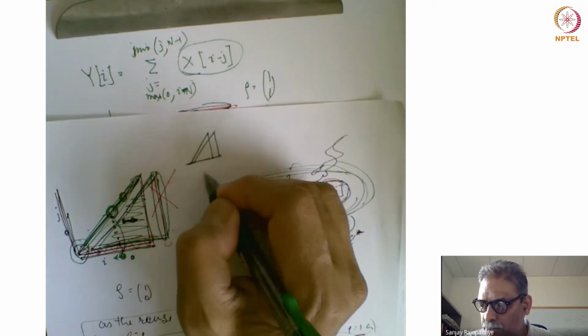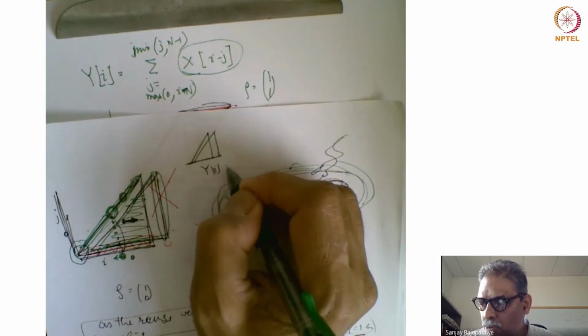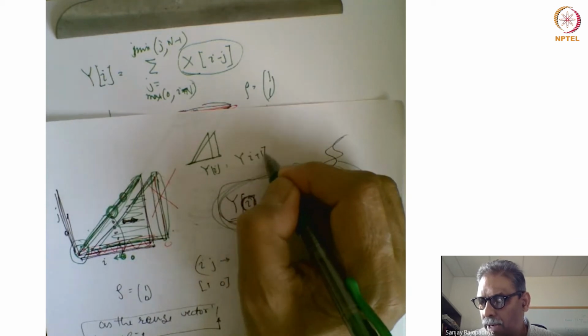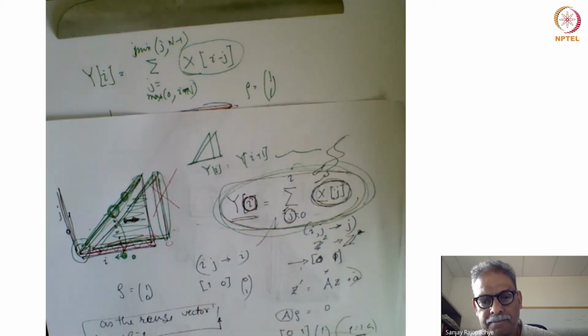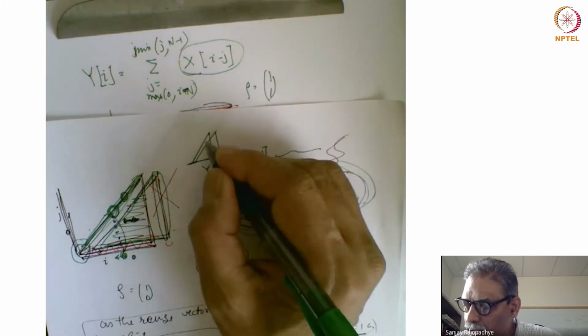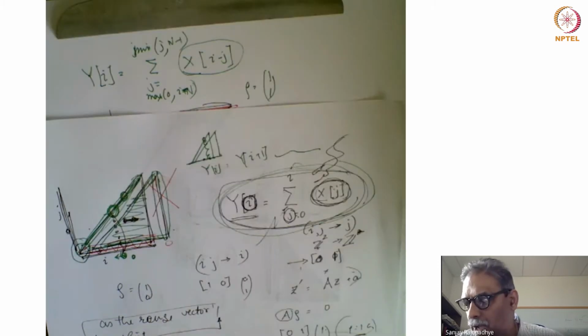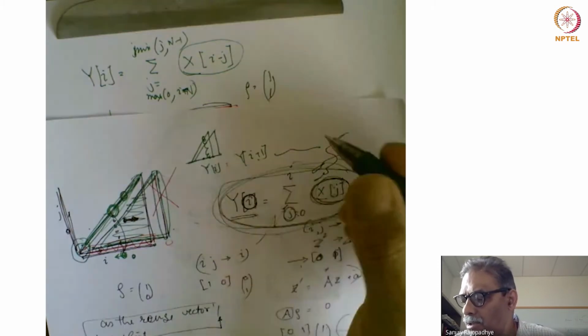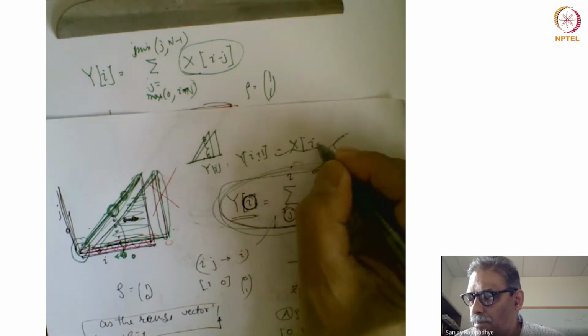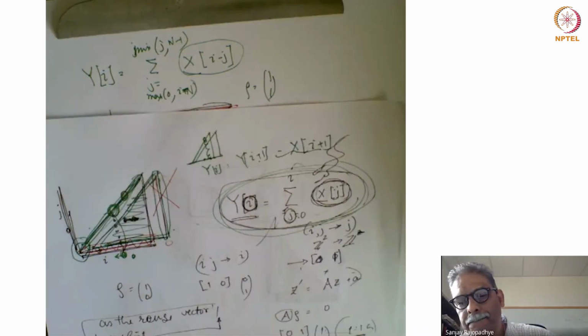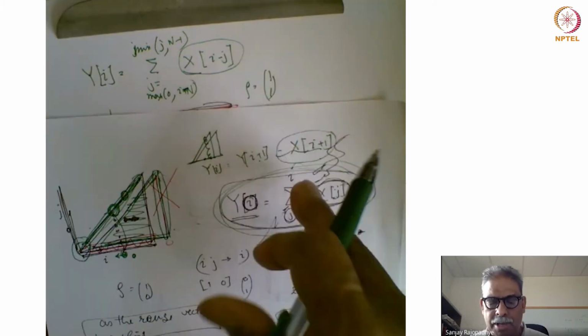So I'm going to compute y i from y i plus 1 and something else, right? If I have all the answers in this column, how do I compute this answer? It is this answer to the right minus x i plus 1. Minus just one term. So this is also linear complexity.